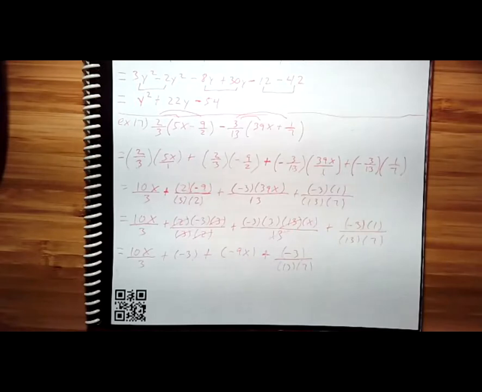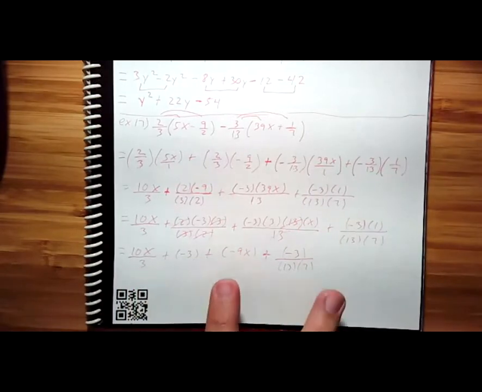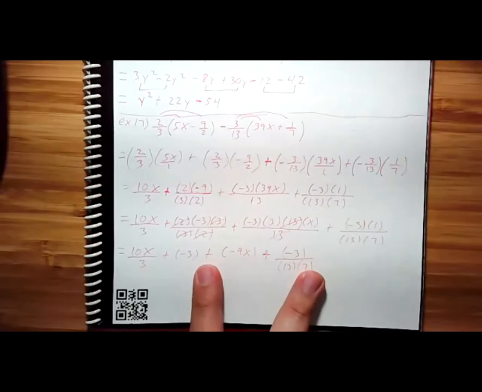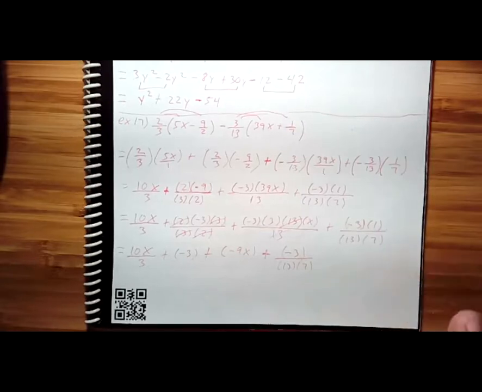Okay, at this point, you would just combine like terms, but it's going to require fractions. So these are like terms and these are like terms. So let's go ahead. I don't know if I have enough space to do it here. I'm going to turn the page in just a moment.